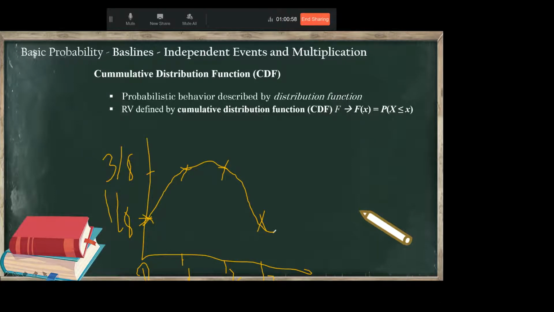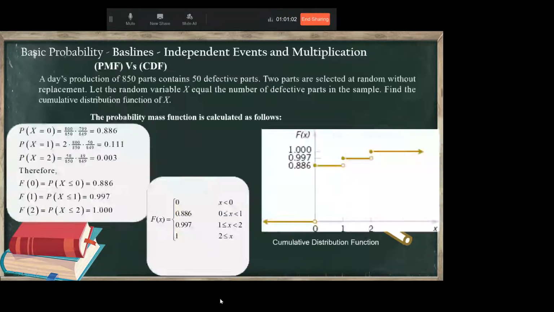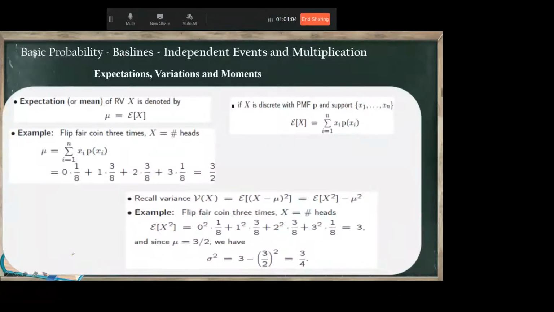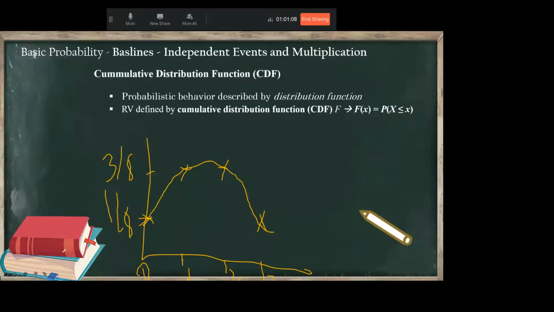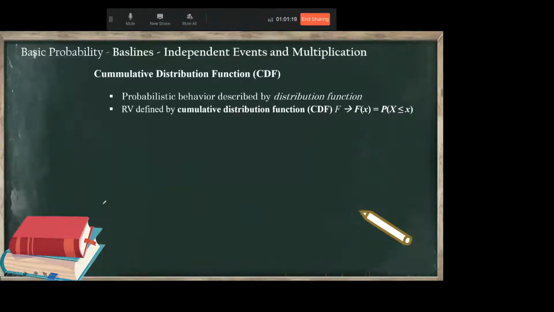Now when we draw the cumulative density function or cumulative distribution function, we can do it in this way, because we are going to add up now for a CDF.